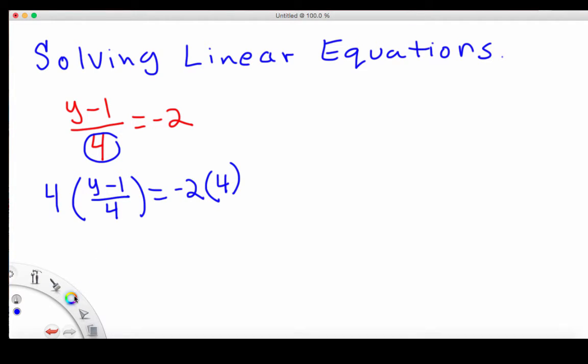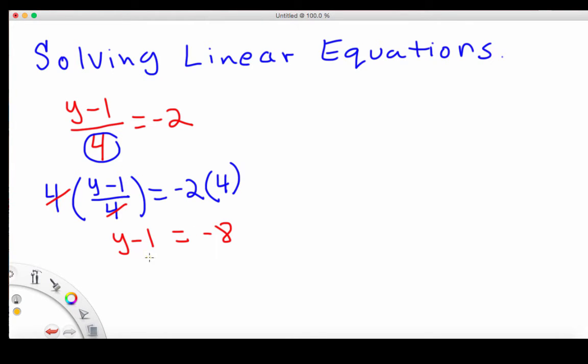Now let's cancel these out. You have a denominator and the outside 4. 4 into 4 is what? Once, right? So it only leaves us y minus 1 equals, what's -2 times +4? -8, okay? We're almost done. Now we need to solve for what variable?